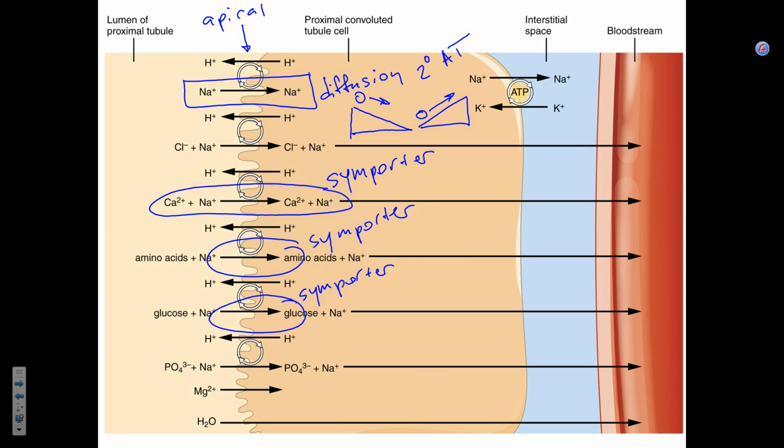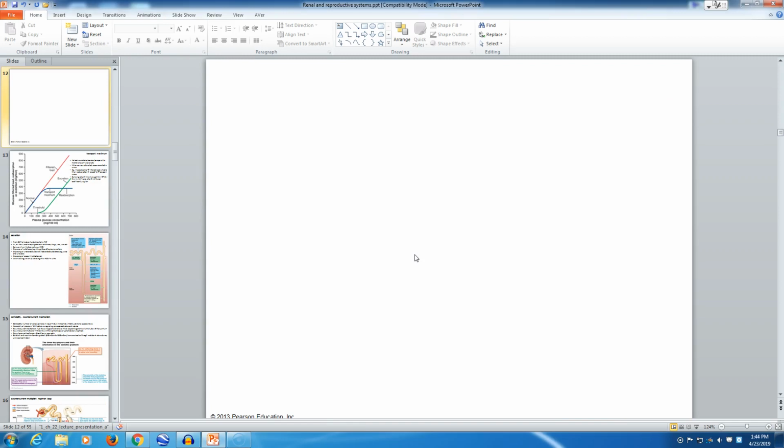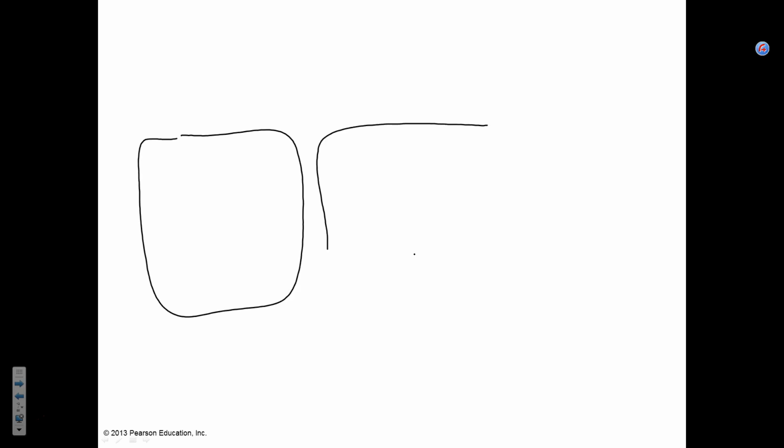Now, before we move any further, I want to put it in perspective with you. And to do this, I'm going to make a bit of a drawing here. So let's talk again about the reabsorption in the renal tubules. Those are epithelial cells, okay?